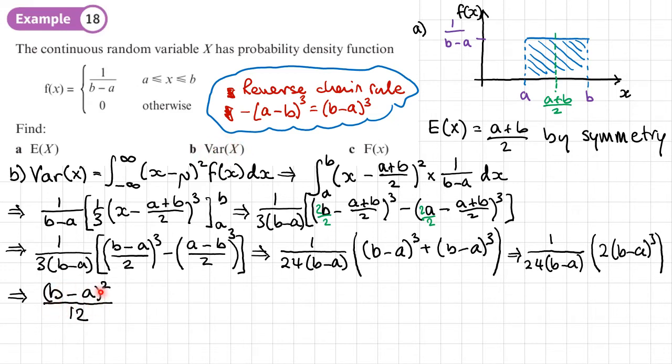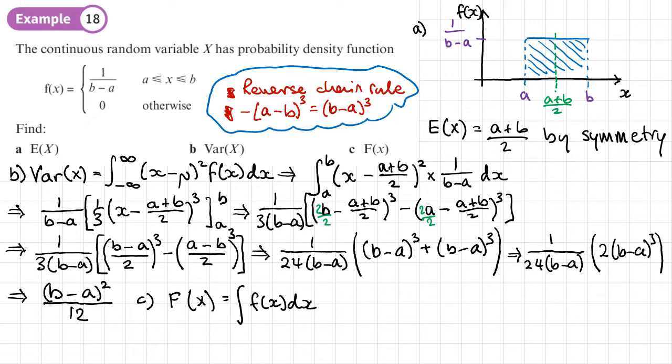This is what we know as the variance, but as I said, we need to know this proof from first principles. And lastly, part C, we want to find the cumulative density function here, the CDF, sorry, cumulative distribution function. So if we want to find the CDF, we find that by integrating the PDF with respect to x.